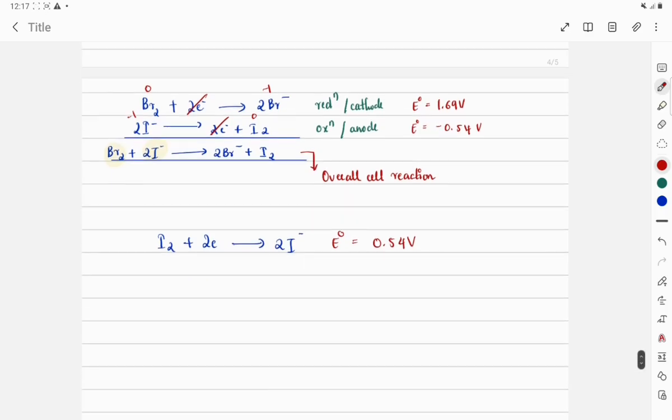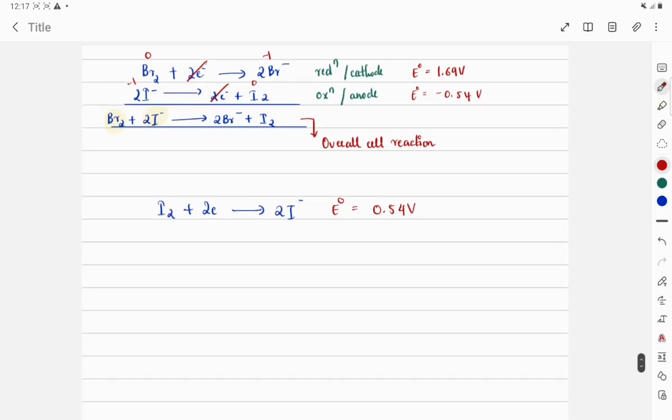Now, if I simply multiply throughout the reaction by 2, that means I'm increasing the stoichiometric coefficients by a factor of 2. So I'll have 2I2 plus 4 electrons, giving 4I minus.